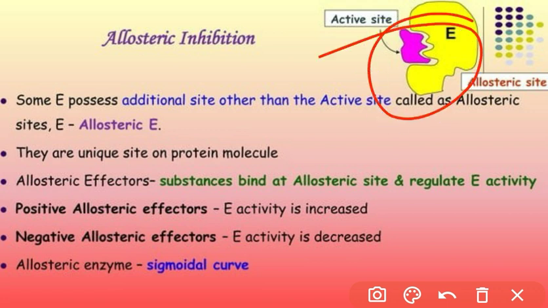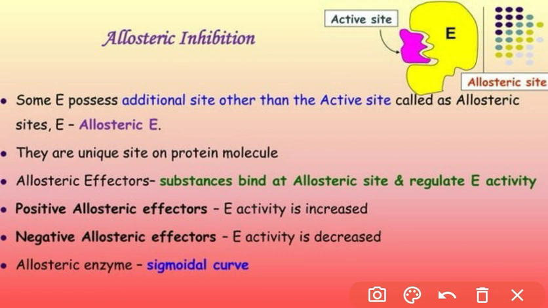Some enzymes possess an additional site other than the active site, known as the allosteric site. They are unique sites on enzyme molecules. Allosteric effectors are substances that bind at the allosteric site and regulate the enzyme activity. They may be positive or negative effectors.